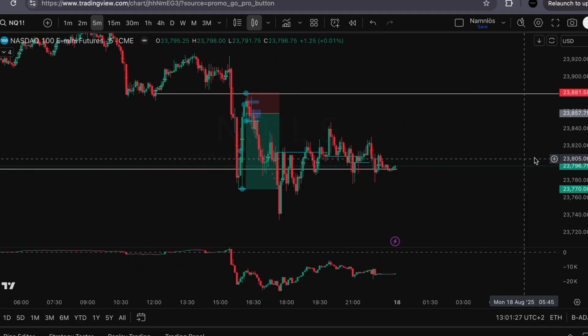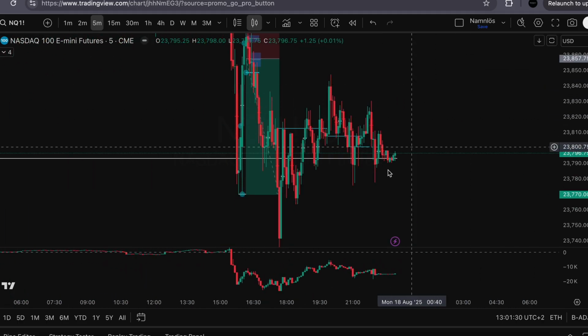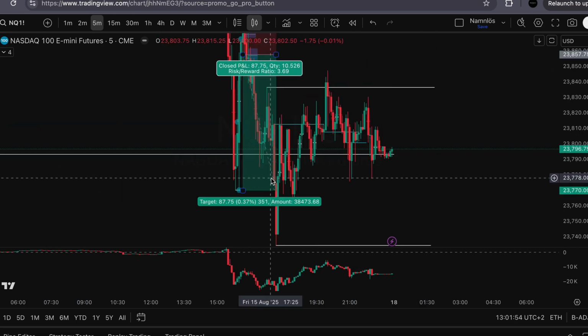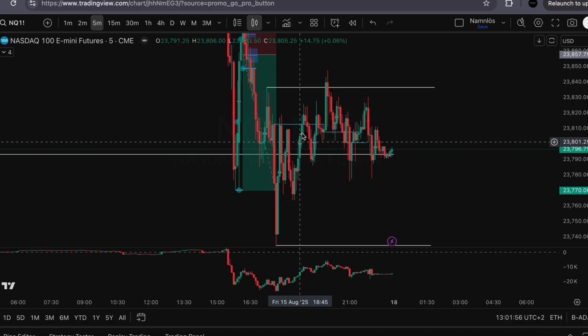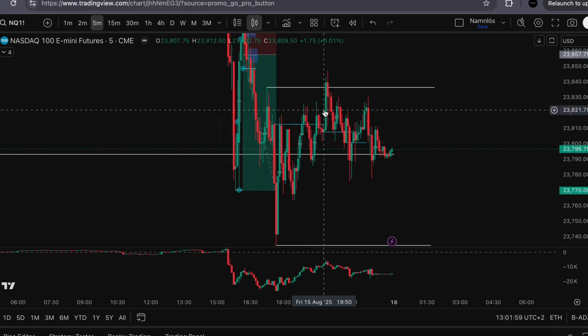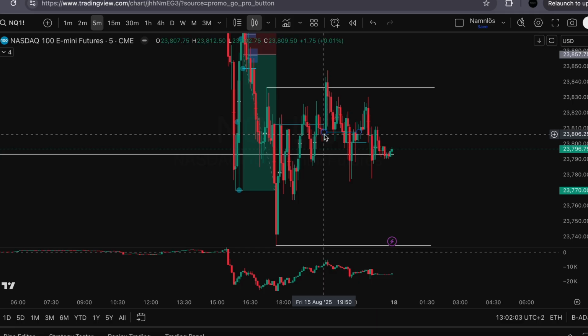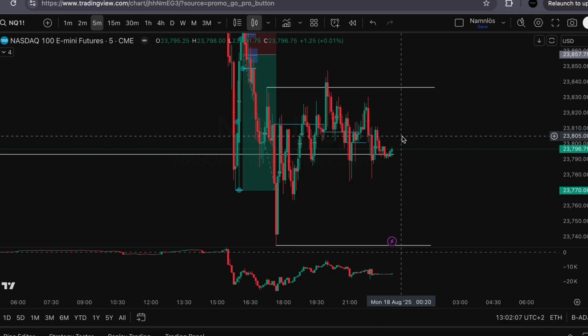In this case, I would look at this whole thing here. You see, this was just a big range. But as soon as we manipulated away from it, closed back, and also had a CSD right here, I would look to trade this one lower.